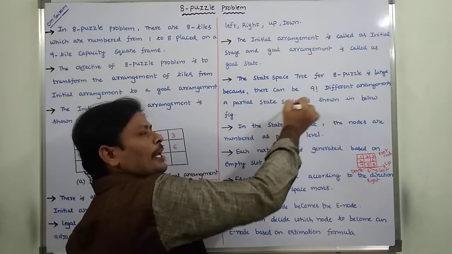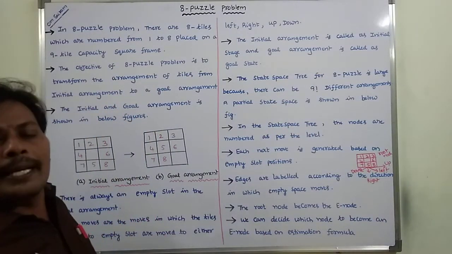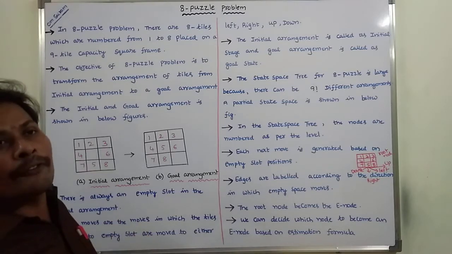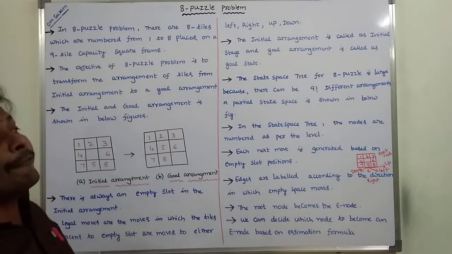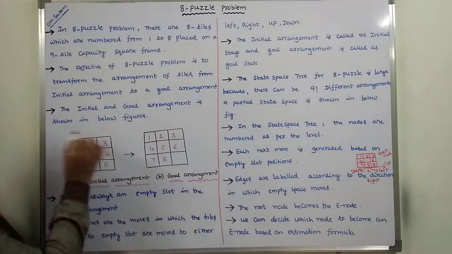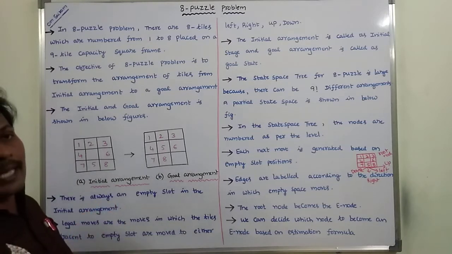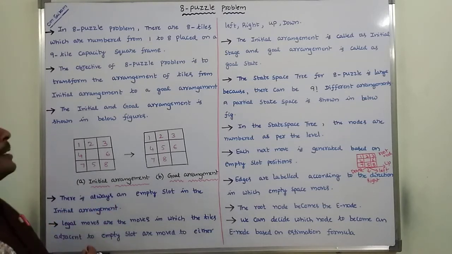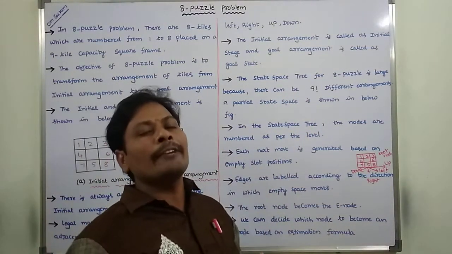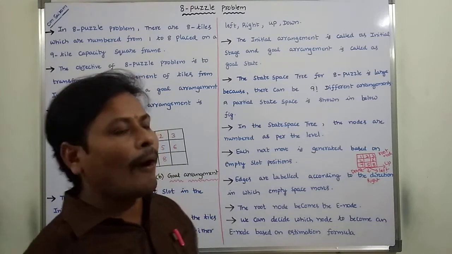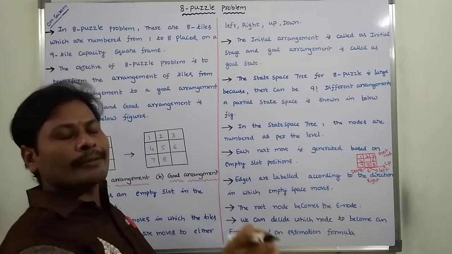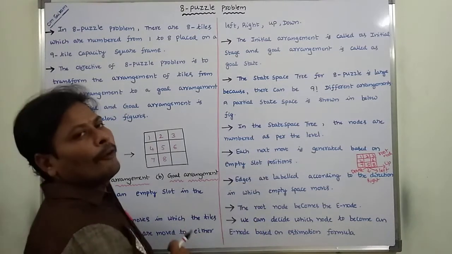The state space tree for the 8 puzzle problem is very difficult to design because of how many arrangements it generates. 9 factorial different arrangements are possible because 9 cells are there, and in each cell we have to assign the tiles. Only because of that reason a partial state space tree is shown in the figure below.